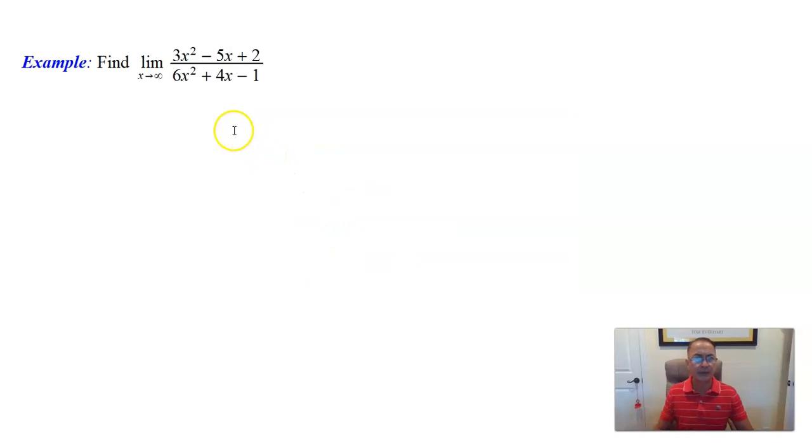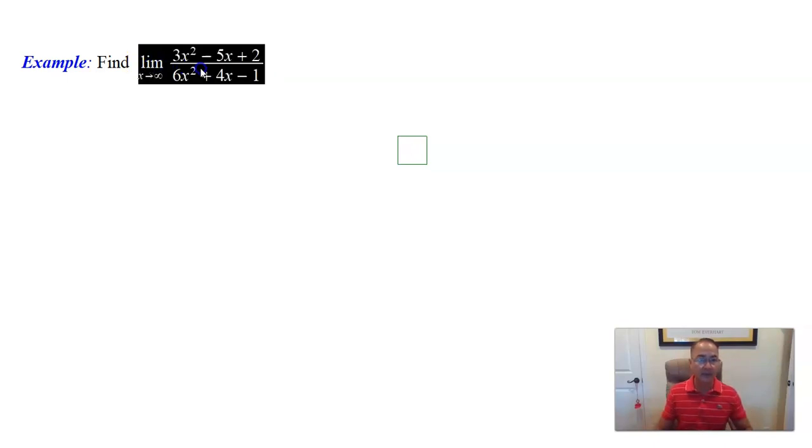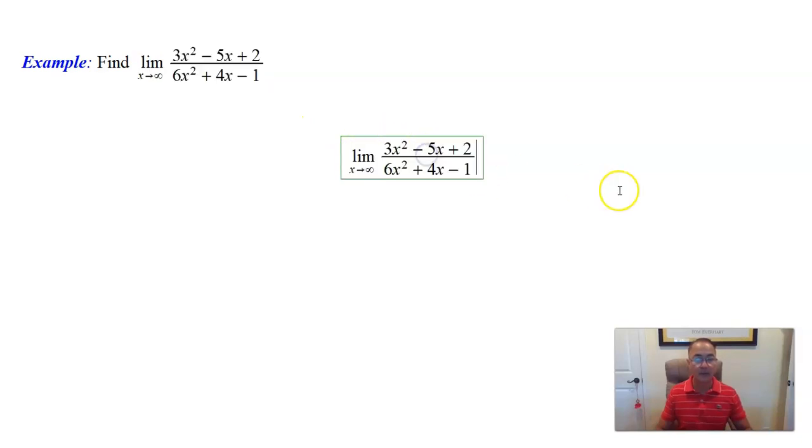Speaking of memory loss, 5 years from now, you probably won't remember how to find this limit. Oh, you multiply and divide by something. But maybe you will remember L'Hopital's rule. As x gets bigger and bigger, that also gets bigger and bigger, so the limit is infinity, both in the numerator and the denominator. That is a form of infinity over infinity.